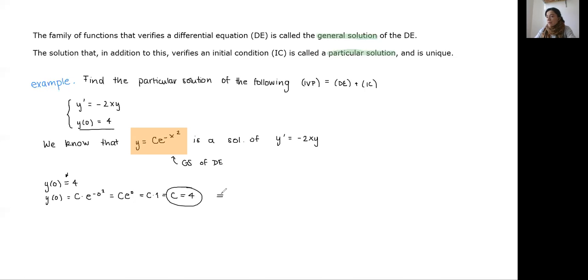So that means that if I want a function that satisfies both the differential equation and the initial condition, I'm going to have to make sure that my function has this form and that the constant is equal to 4. So y is going to be equal to 4 times e to the minus x to the power of 2. And this is going to be the solution of the initial value problem.